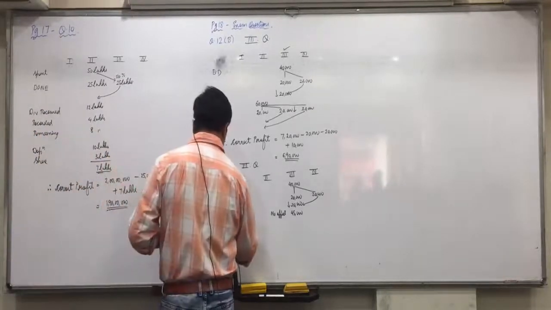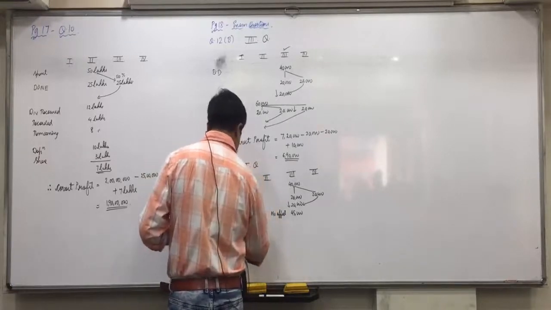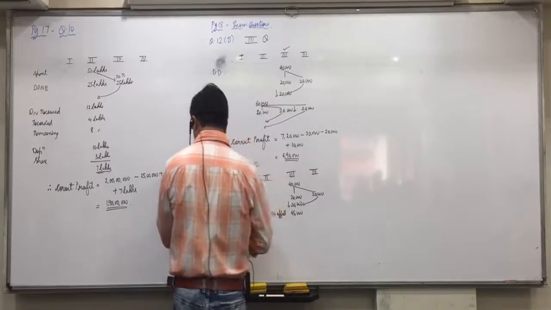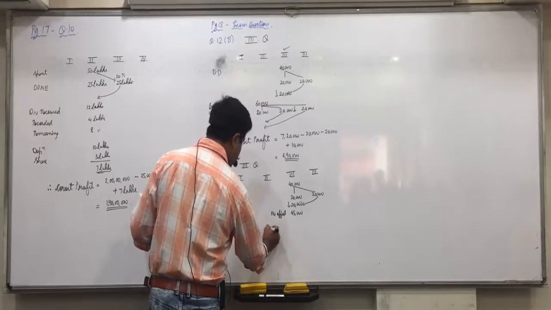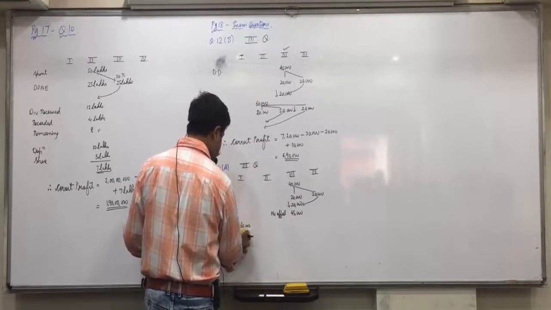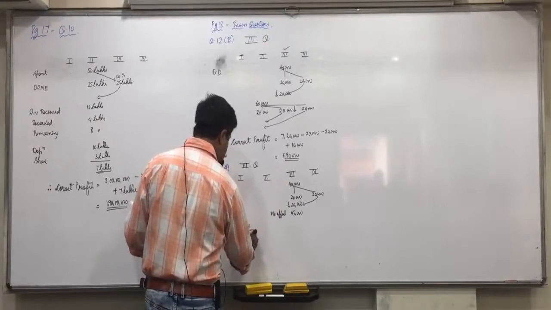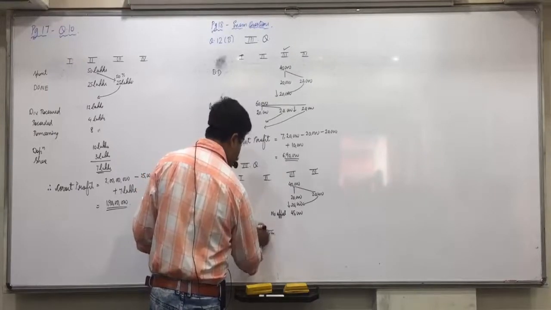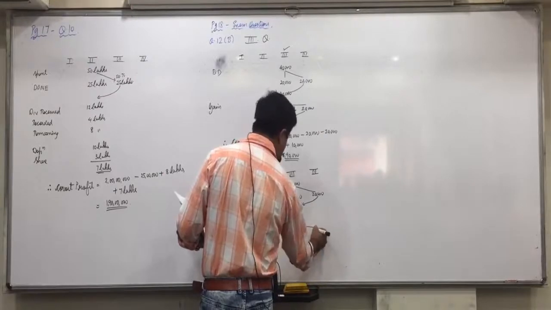Third, extraordinary loss of rupees 60,000 incurred in the first quarter was equally allocated to each quarter. So 60,000 divided by 4, we have taken 15,000 in each quarter.